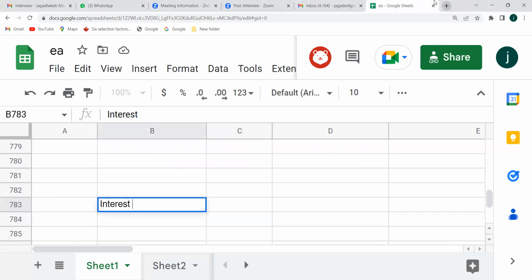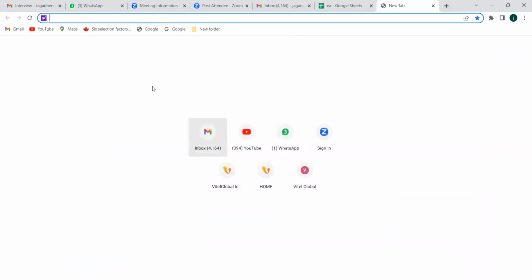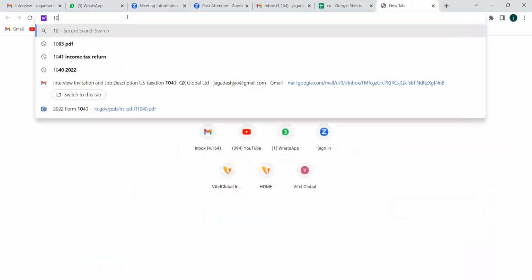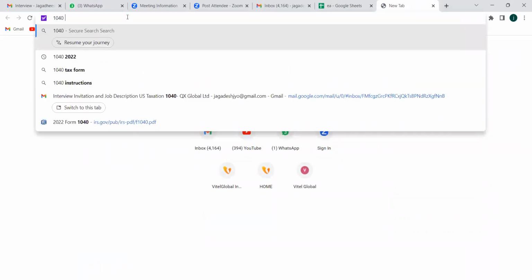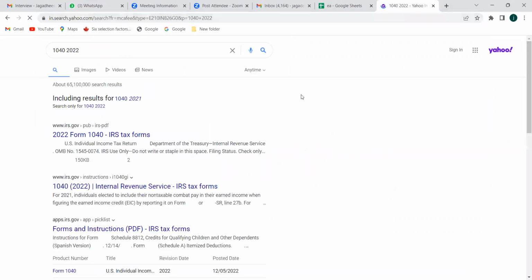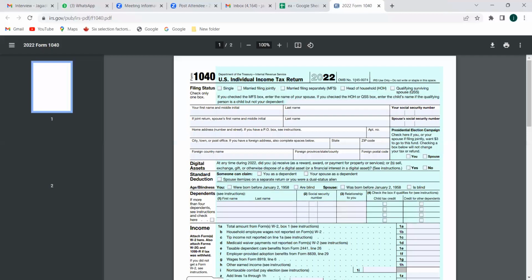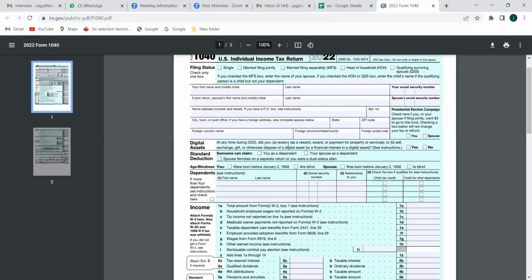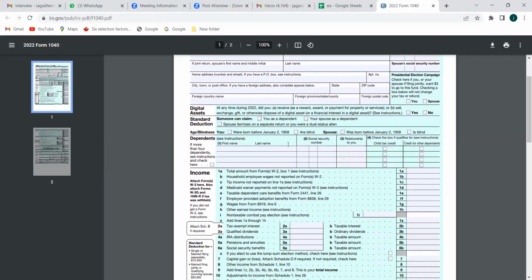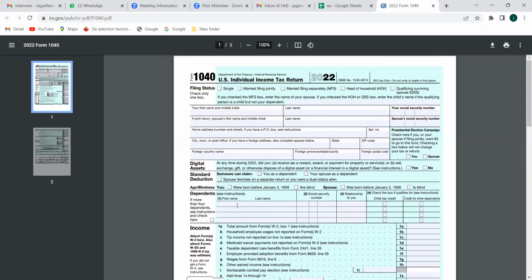So quickly move into the 1040 return. We'll see the 1040. You are able to see the screen, right? Yes. So this is the 2022 return.